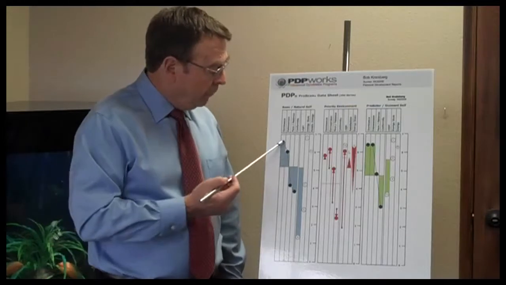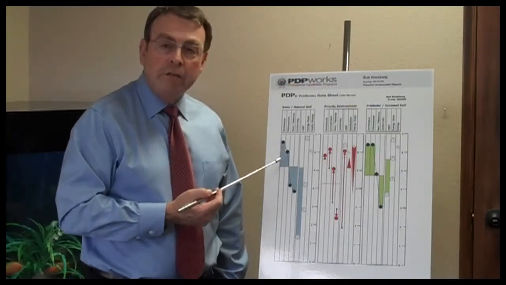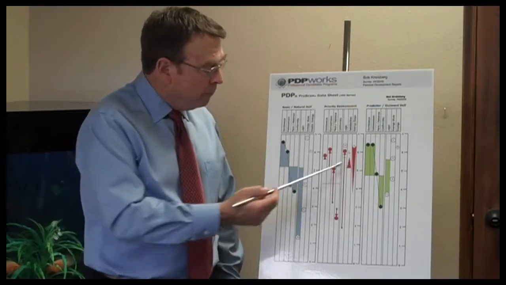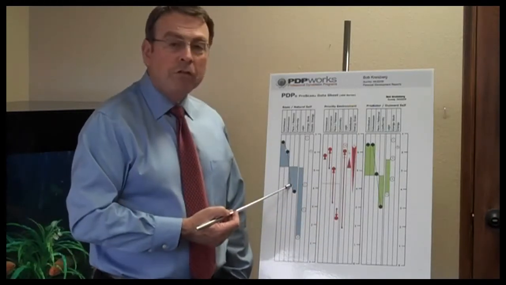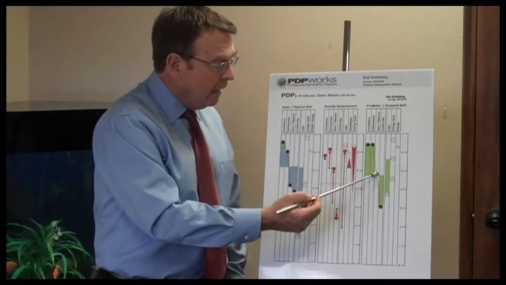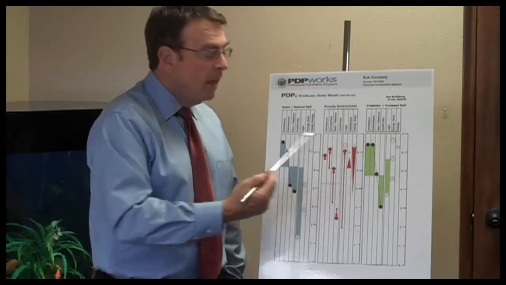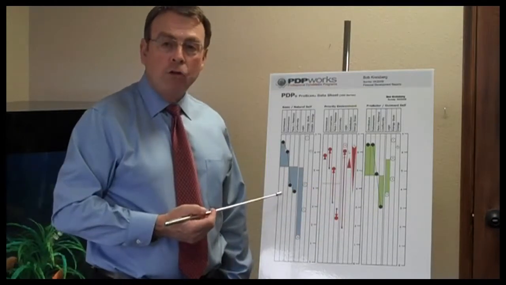And in my case, the profile is pretty consistent. The traits pretty much line up the same way. The one adjustment is patience is low here, and it's a bit higher here. That's the reason for the data sheet.